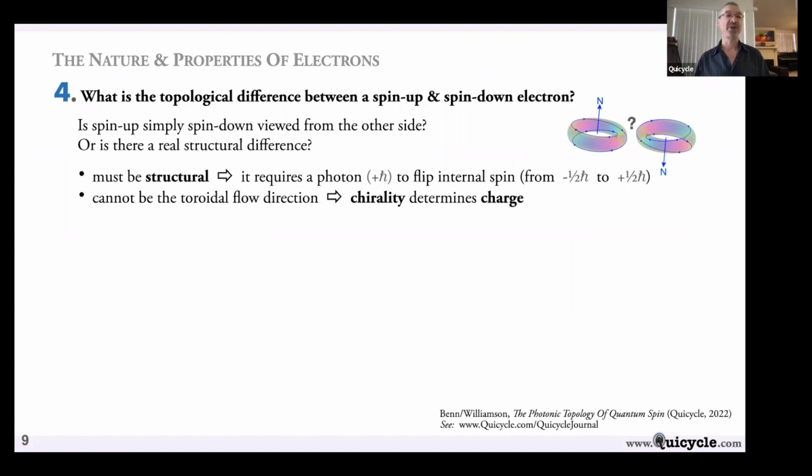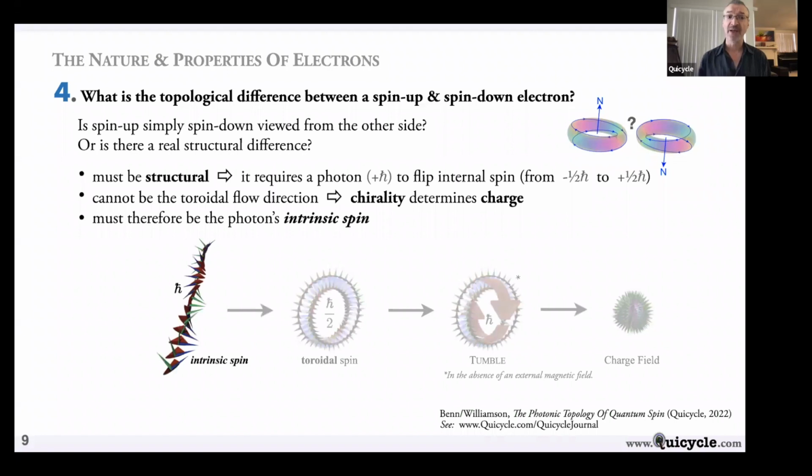Now, obviously, that cannot be the change of the direction of the toroidal flow, because the chirality of that flow around its magnetic axis determines its charge. And also because it's a very powerful gyroscopic effect, which means it would be very difficult to change its direction. So it can't be its chirality around the toroidal flow. So all that's left in that case would be the intrinsic spin of the photon.